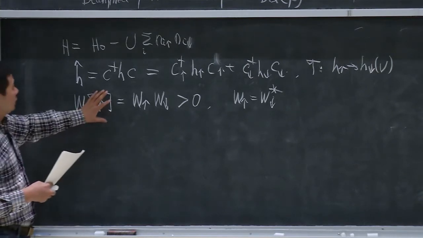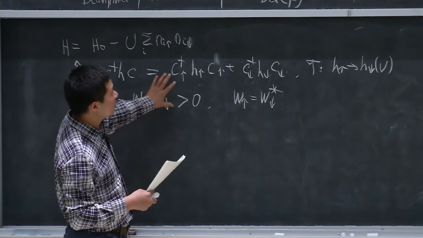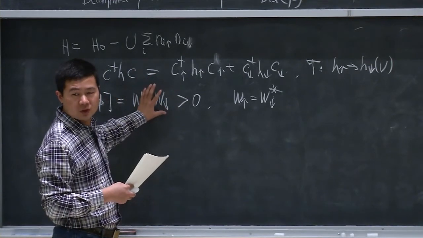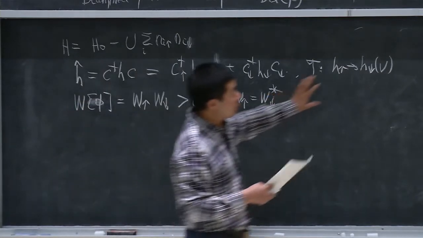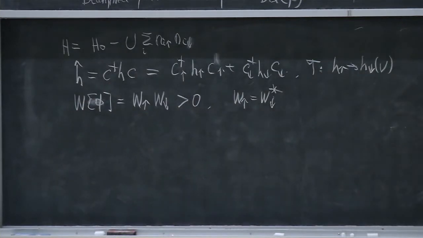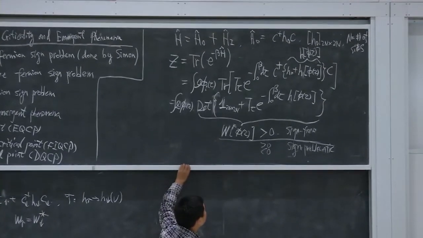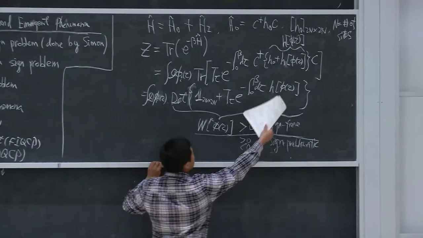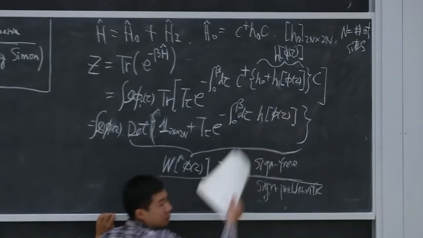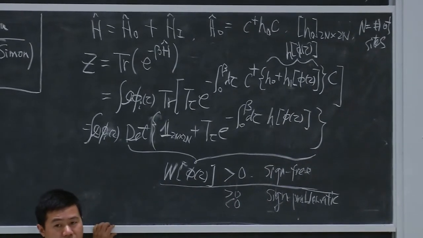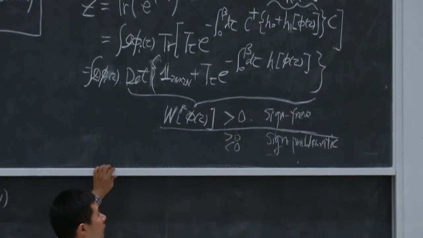Here we notice there are conditions for using this kind of algorithm. First, the Hubbard-Stratonovich transformation is decoupled in this way, which conserves particle number. This bilinear is of the form C dagger C, which conserves the particle number.